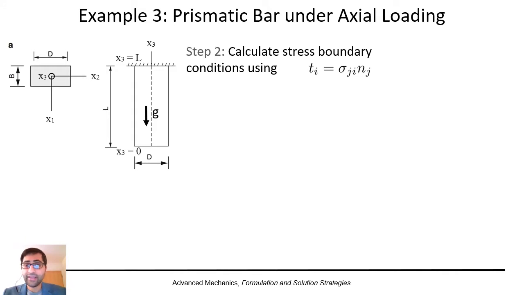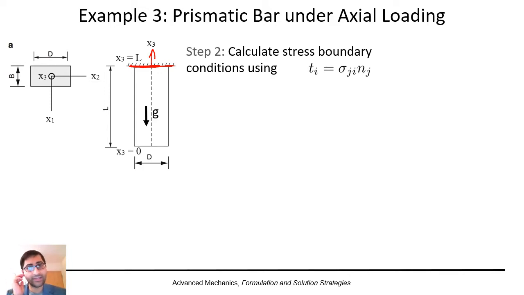Okay, the second step is calculating stress boundary conditions using the relation between traction and stress. Everywhere on the boundaries, we don't have any stress except at the top where the bar is connected to the ceiling. And there we have a uniform stress opposing the weight of the bar.